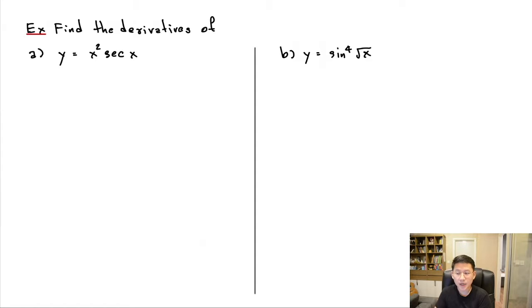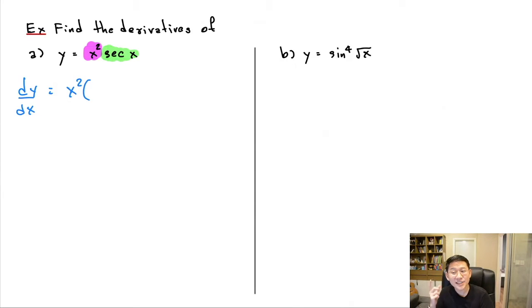The first example is y equals x squared sec x. We need to use the basic formula from the previous video as well. Here this is u and this is v, so we need to use u dv plus v du. So dy by dx is u dv. What is d sec?